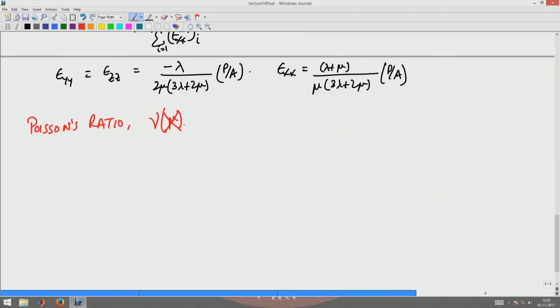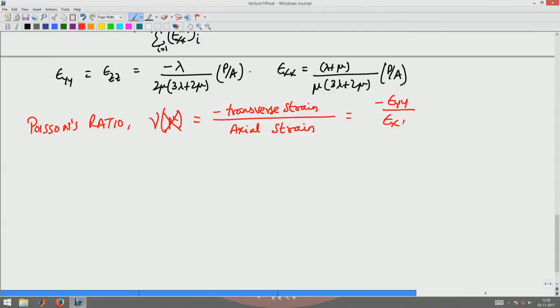So, we are not following this notation in here. Okay. So, this is defined as the negative of transverse strain to the axial strain.